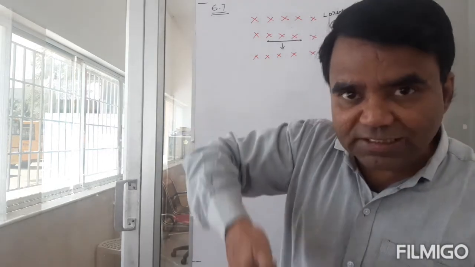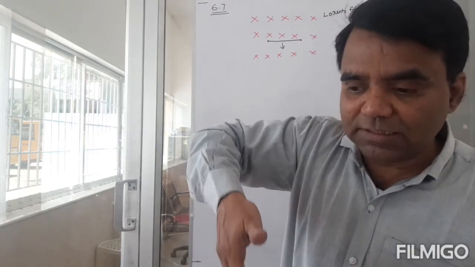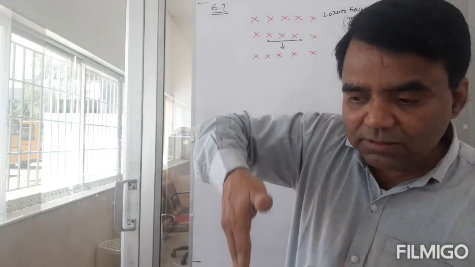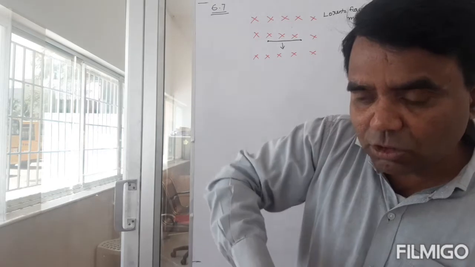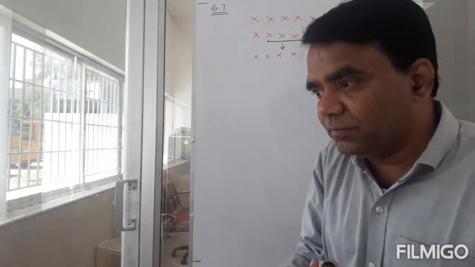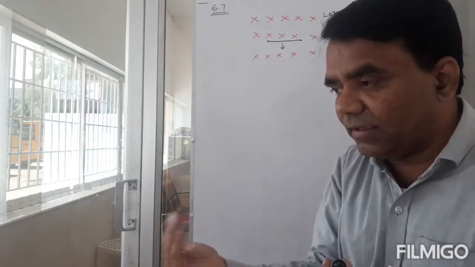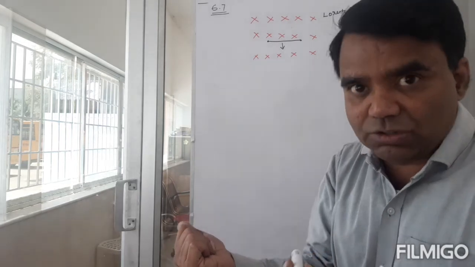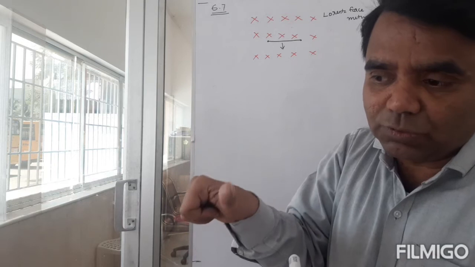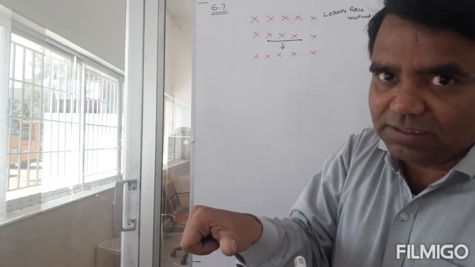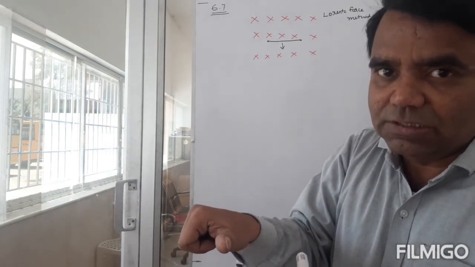So V, the velocity of the electrons, is in this direction, V cross B is like that. But electrons are negative charge, so the force acting on the electrons will be in the opposite direction.